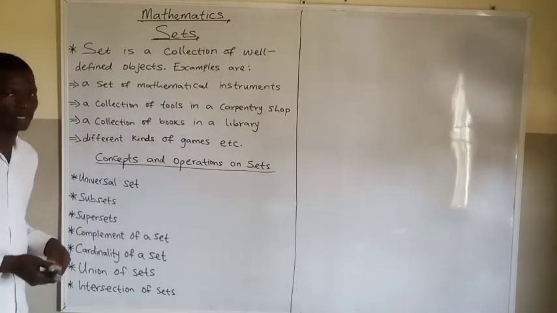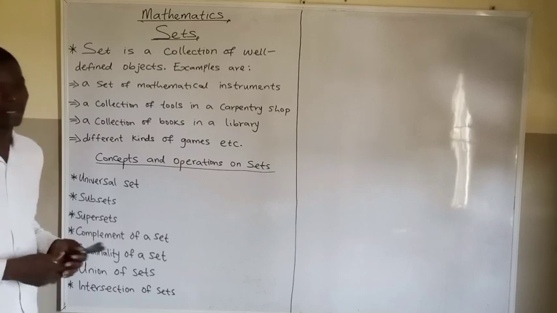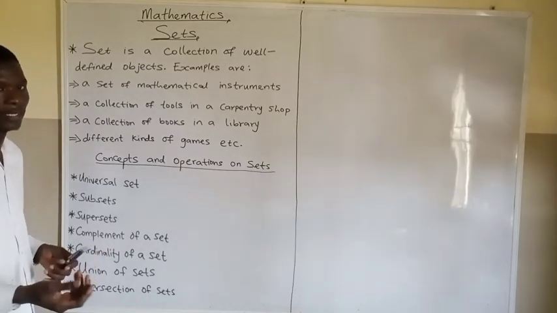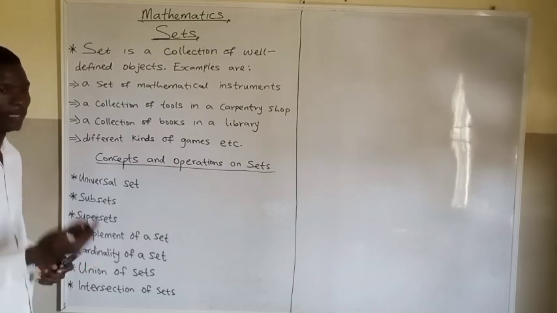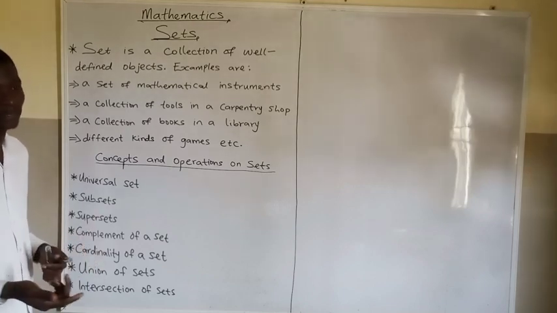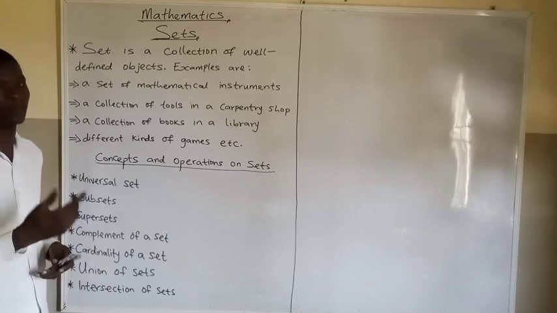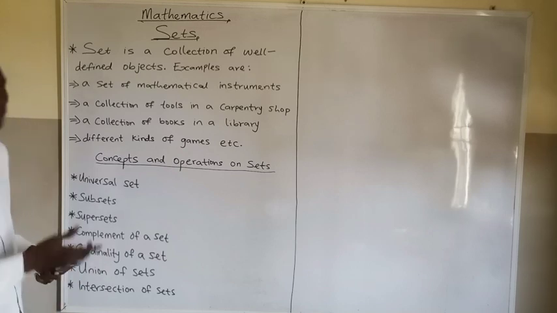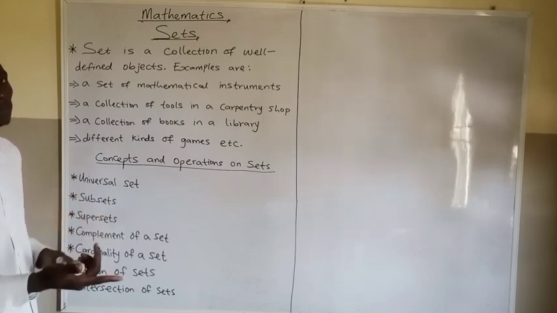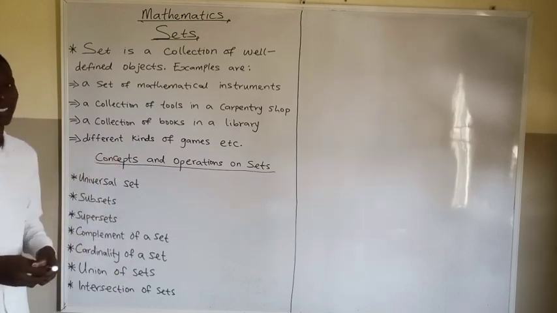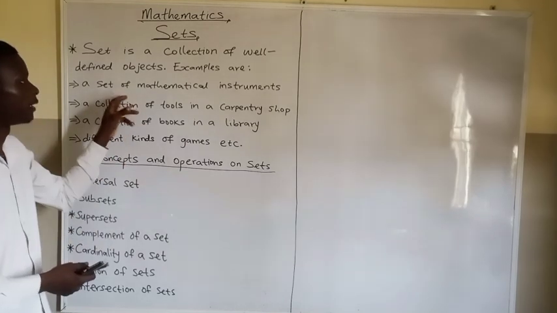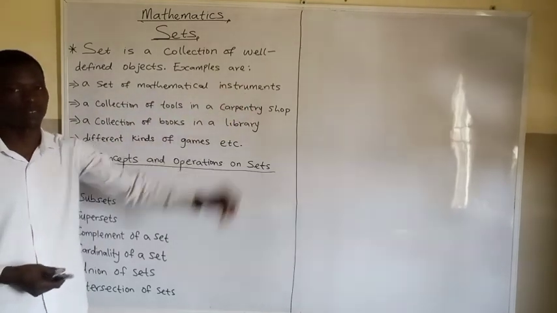When we talk about mathematical instruments, what comes to mind is first of all your pencil, as simple as that, your eraser, your sharpener, then moving on, you have your rulers, your set squares, your compass, your protractor, and what have you. Anything that aids you in any construction or drawing in mathematics, we call them a set of mathematical instruments. And you can see that those concepts are actually well defined, having a common name to themselves, mathematical instruments.